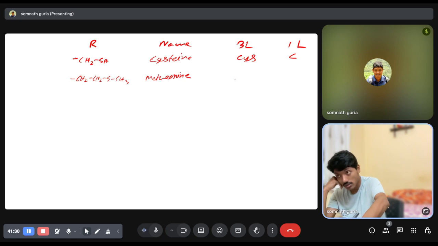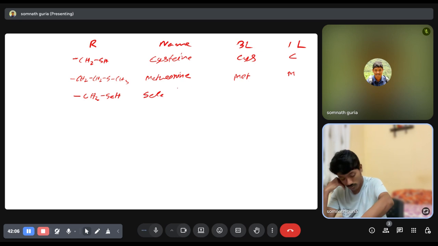Three letter code is MET, one letter code is M. Now if instead of this S we introduce a selenium group, that is called selenocysteine.